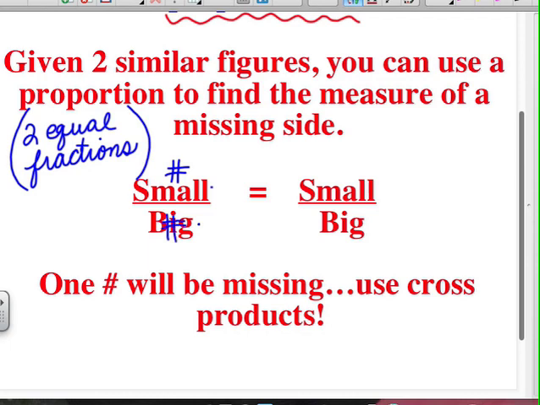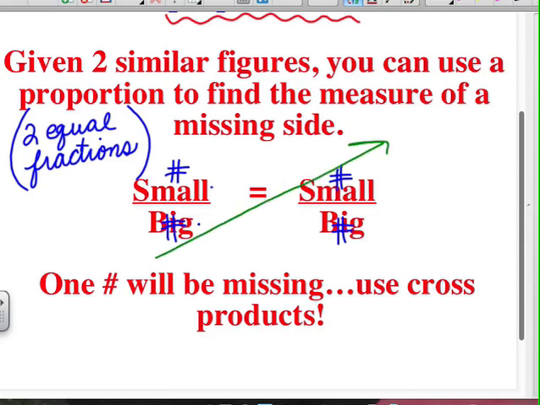You're going to set that equal to, again, something from the small. Who does he correspond to on the big? That number goes down below. So small over big equals small over big. And then it tells you that one number will be missing, and we're going to use cross products to solve for that missing value. Do you remember what cross products are?